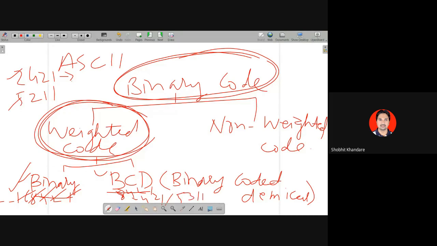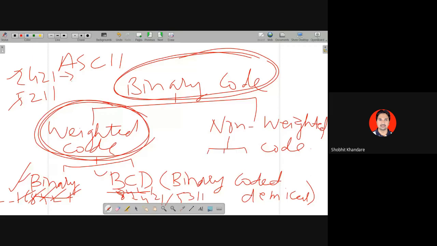Now come to the non-weighted codes. You understood that if this is weighted, then this is non-weighted, meaning the positions do not have weights. As far as non-weighted codes are concerned, there are many, but as far as your syllabus is concerned, we are dealing with only the important ones.